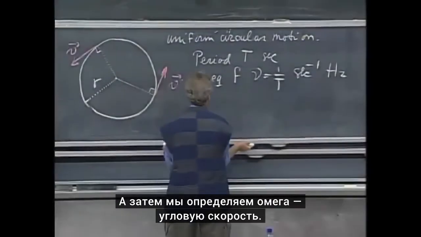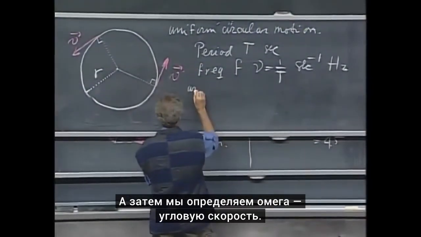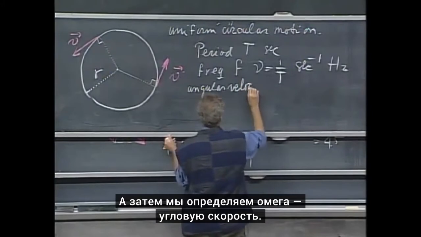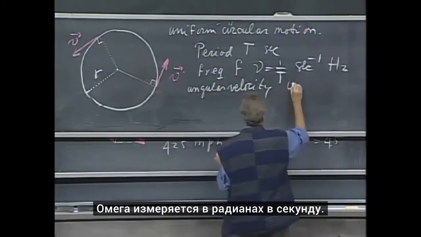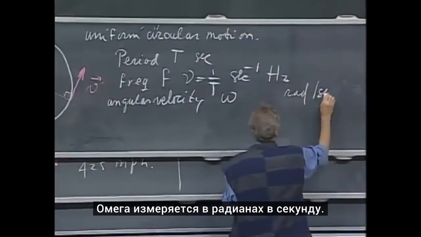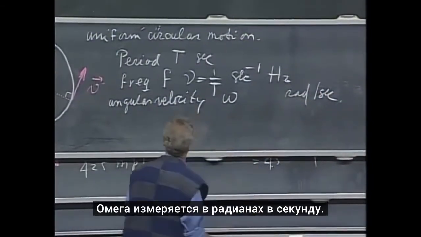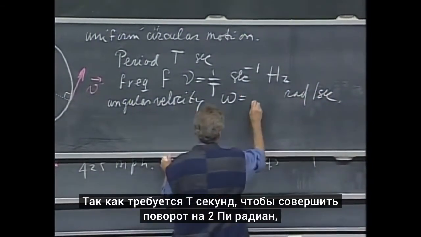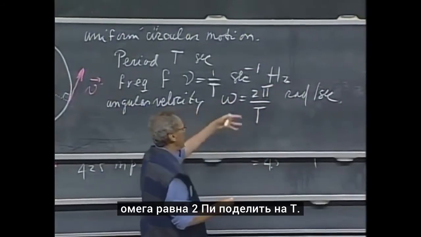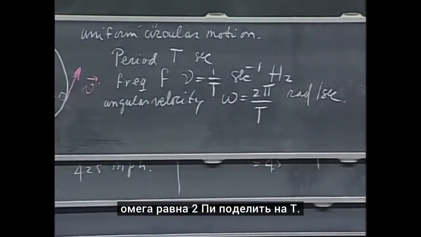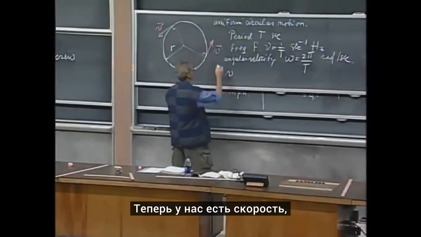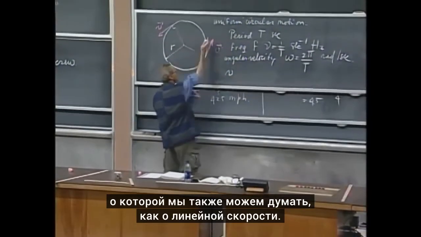And then we identify omega, the angular velocity, omega, which is in radians per second. Since it takes T seconds to go around 2 pi radians, omega is 2 pi divided by T. Now then we have the speed, which we can also think of as a linear velocity.